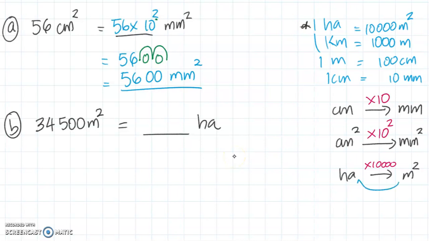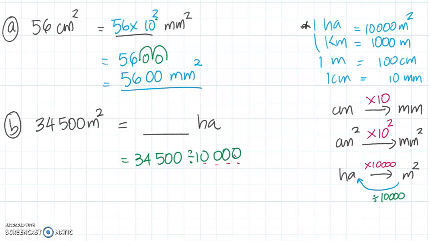So we go from square meters to hectares. When we're reversing the process, we reverse the operation as well. So instead of multiplying, it's dividing by 10,000. So what we'll do over here is we'll take our 34,500, divide by 10,000. 10,000, if you see, has got 1, 2, 3, 4 zeros.